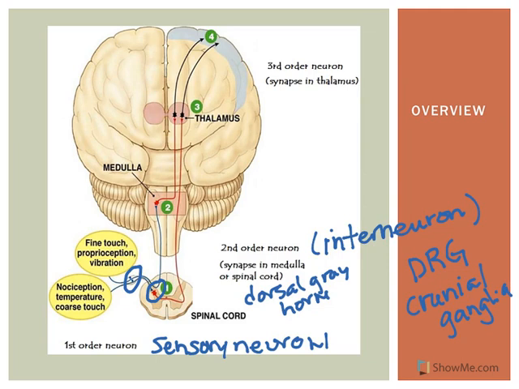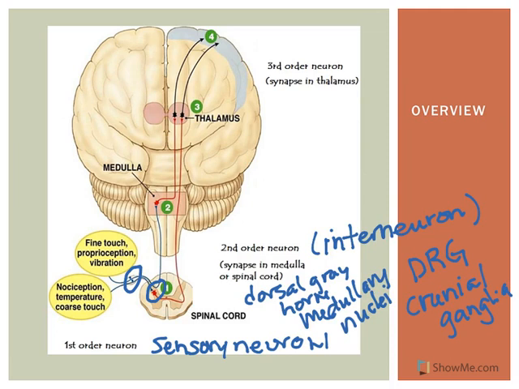It depends on the particular pathway, and we'll make that distinction later. So it's in the dorsal gray horn of the spinal cord or in medullary nuclei, which are nuclei within the medulla oblongata.